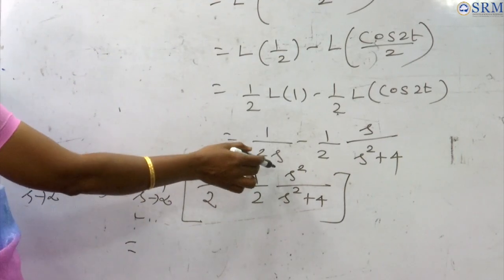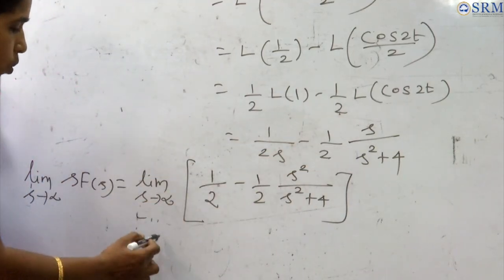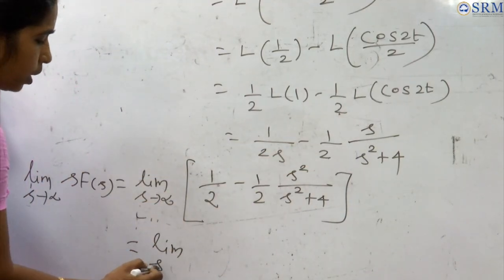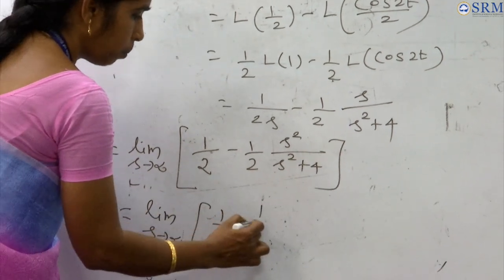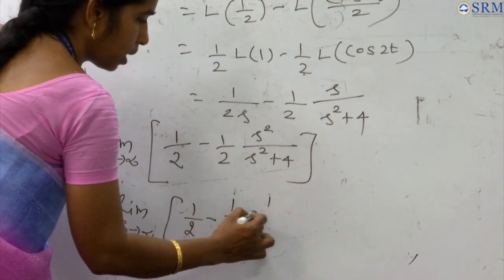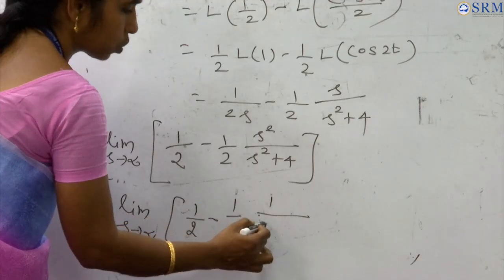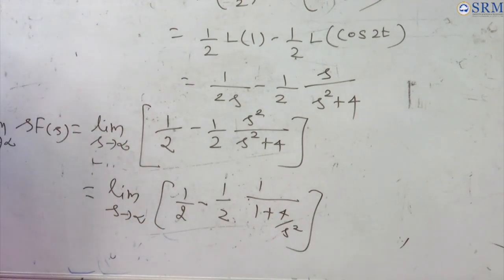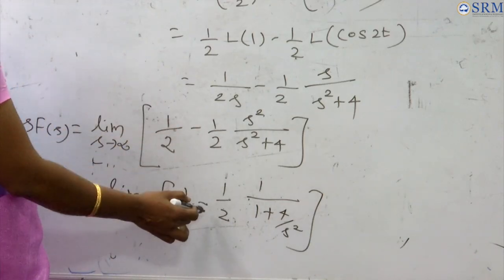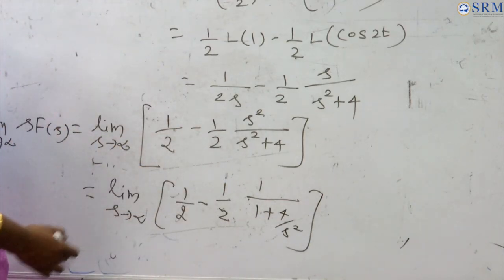The first s is cancelled, but the next one is s square. Taking out s square from the denominator gives 1 plus 4 by s square, and s square is cancelled. Now you apply s tends to infinity.